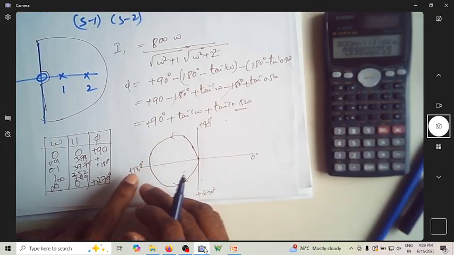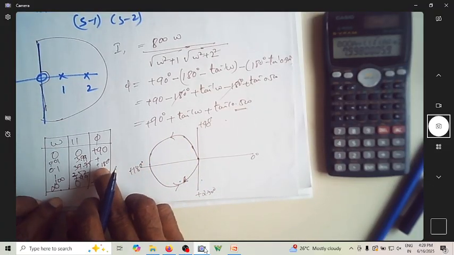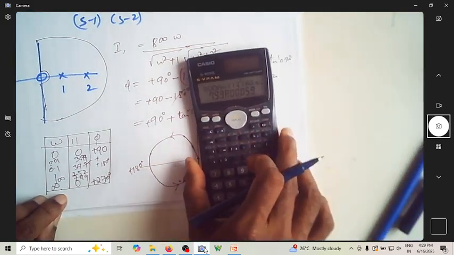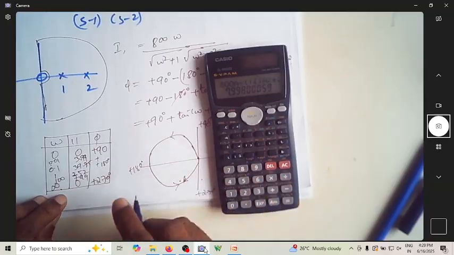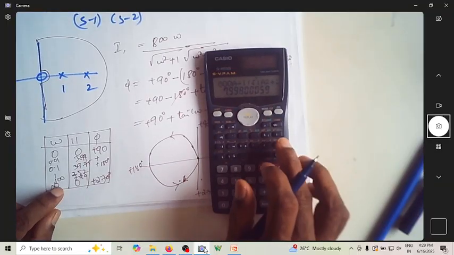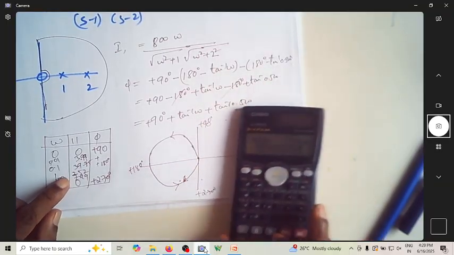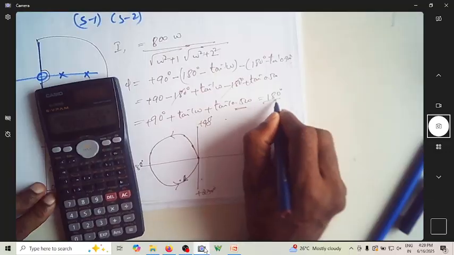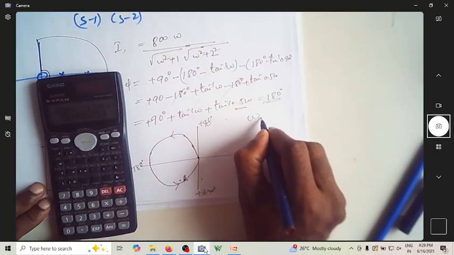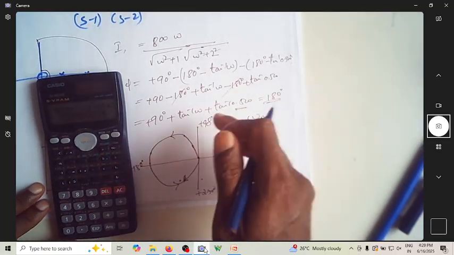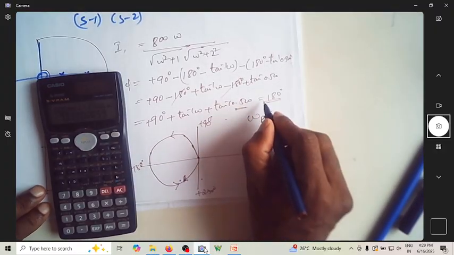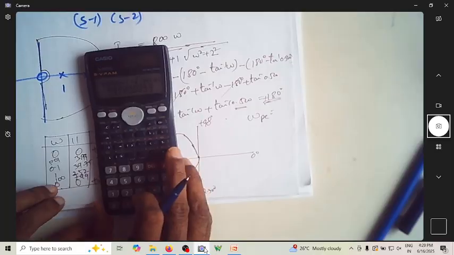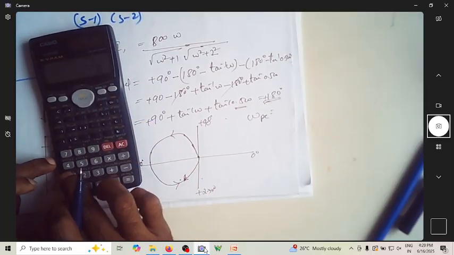This is plus 180, or at 180. Equate this to 180 degrees and then find out what is omega PC. Now let me equate, because this will never become minus 180 degrees, both are the same. Let me equate these two.